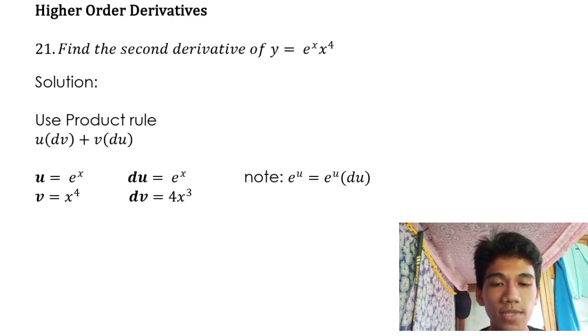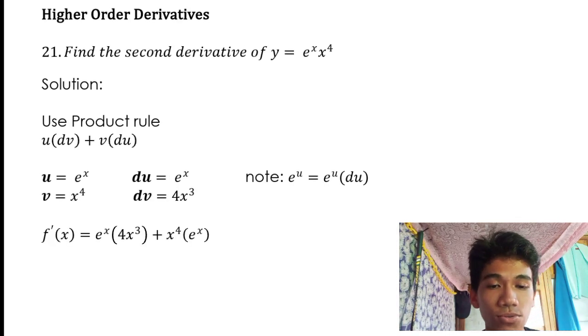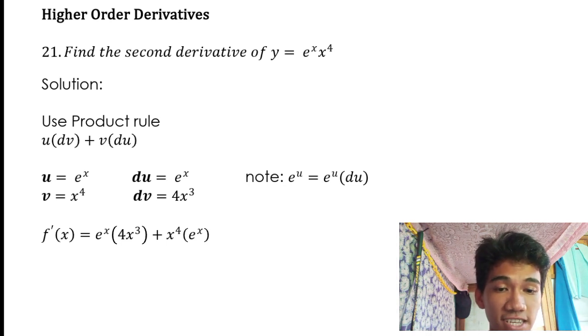We have first the u, which is e raised to x, times the derivative of v, which is 4x cubed, plus the v, which is x raised to 4, and the derivative of u, which is e raised to x. So multiply those.